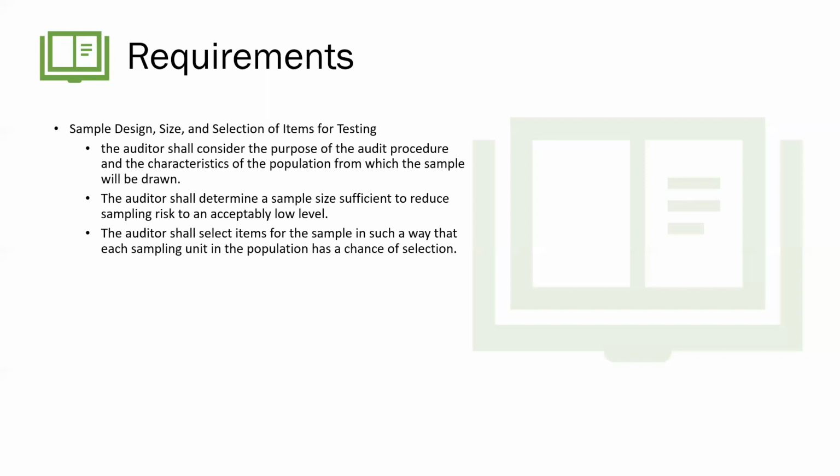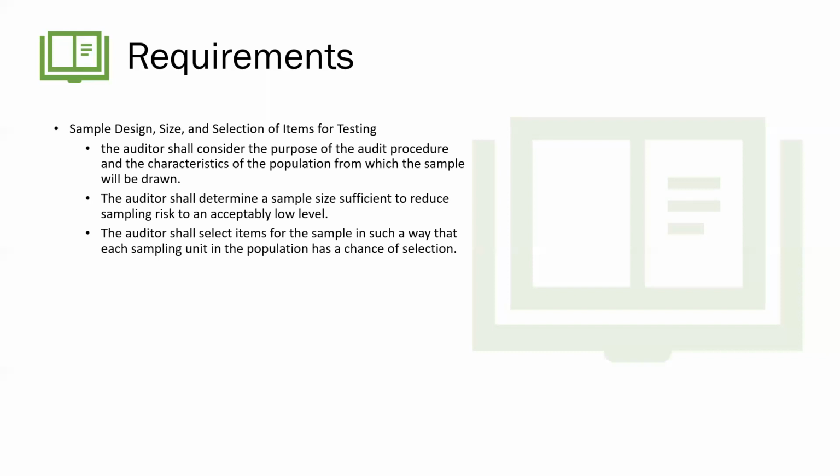Secondly, the auditor must make sure that the sample size that they have selected is sufficient to reduce the sampling risk to an acceptable level. So we discussed what a sampling risk is. You do not want to have a high sampling risk because it means that your audit conclusions that you are making might be inaccurate.